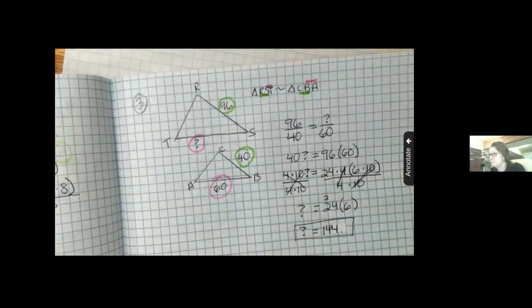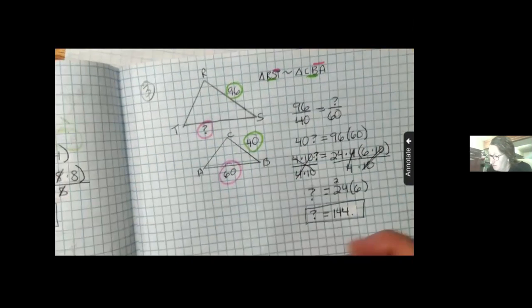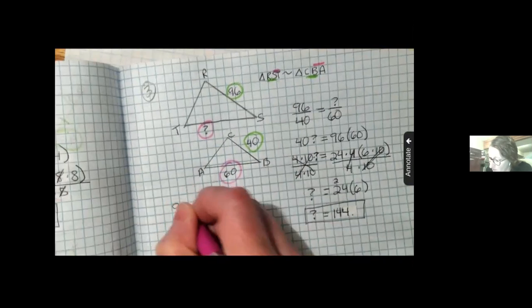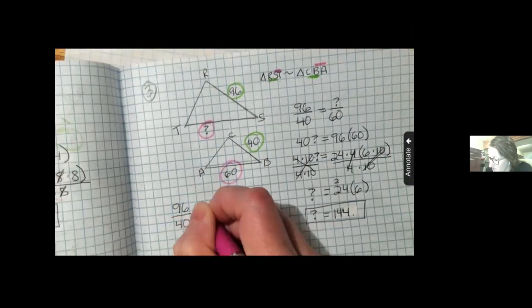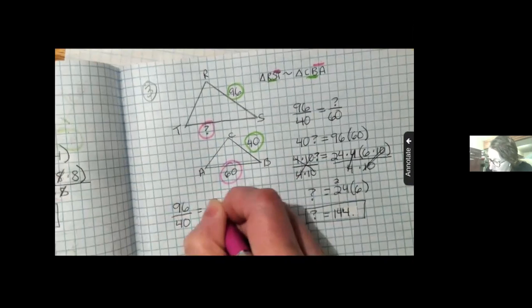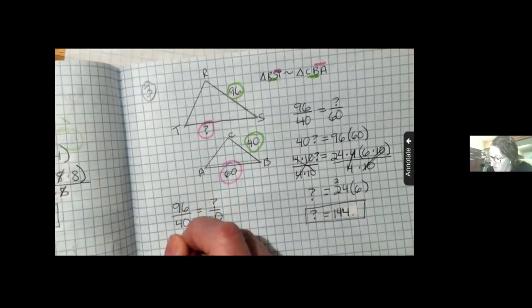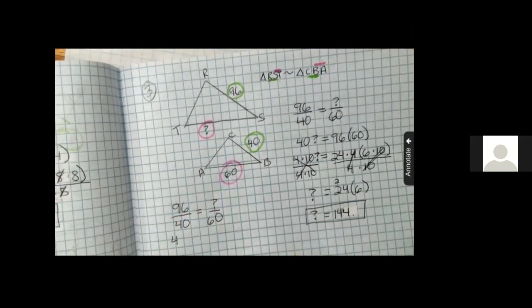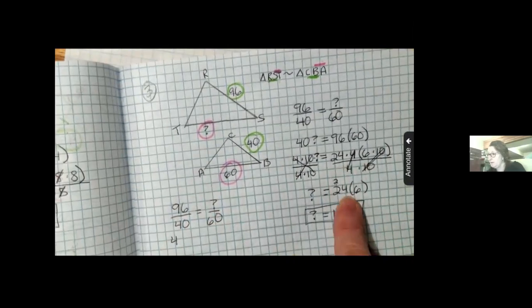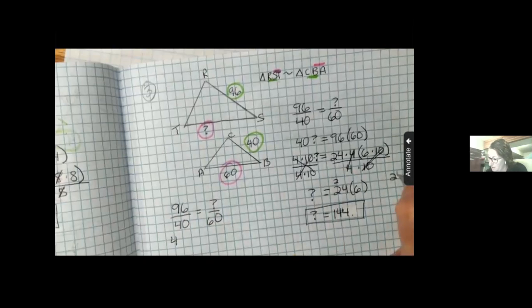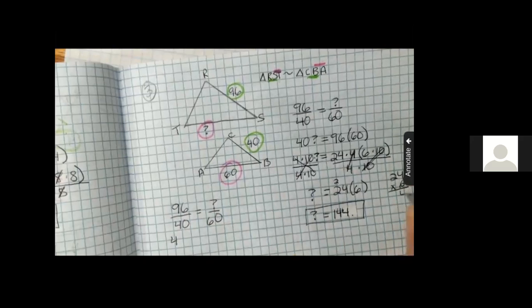Okay. The other way to do it is if you have 96 over 40 and question mark over 60. Again, I know. The 24 and the 6, do we multiply or? Yes, you multiply them right here. Okay. So you can use your multiplication table, or I do it over here like this. I did it in my head. That's how you got 144, right?